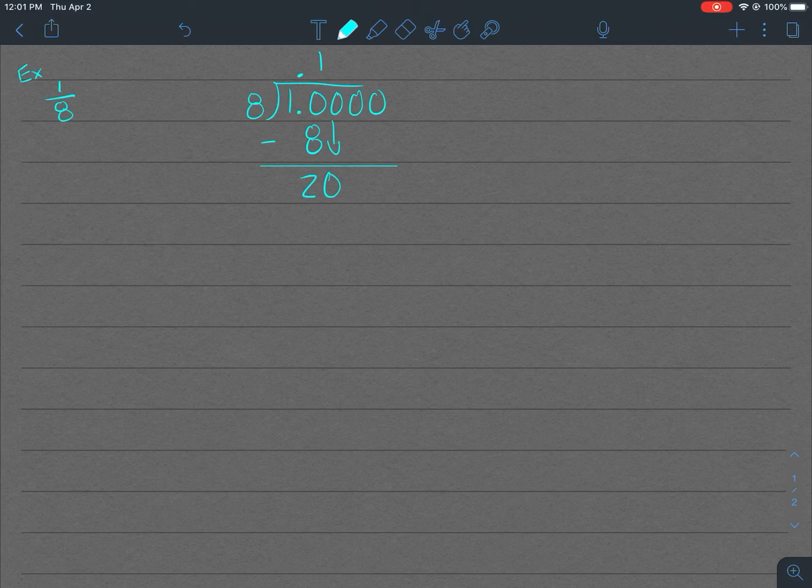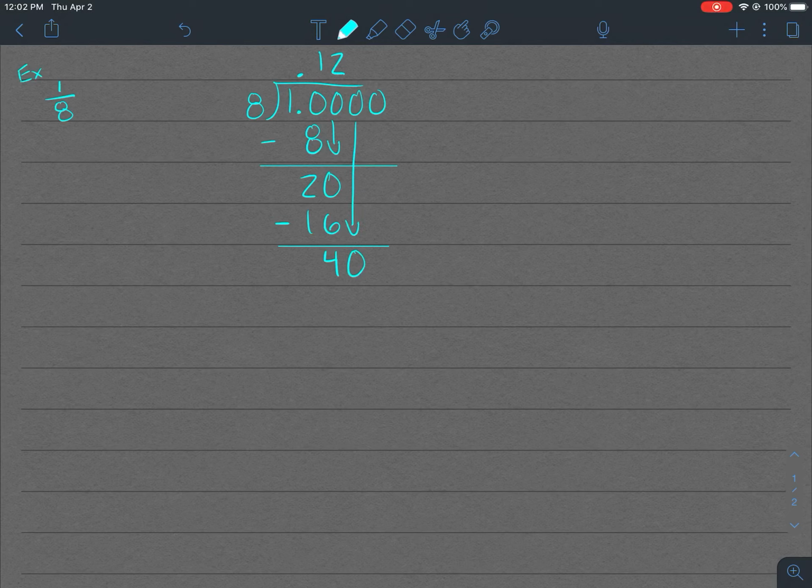How many times does 8 go into 20? Yeah, 8, 16, 24. Okay, 24 I busted, so only 16. So 2 times. Subtract that, I get a 4. Now how many times does 8 go into 4? Well, it doesn't. So I got to bring down my 0.